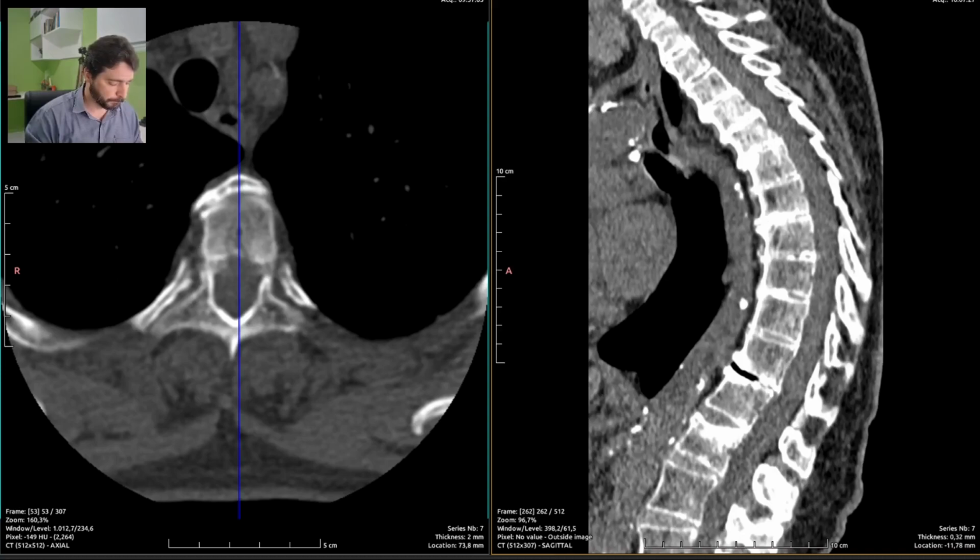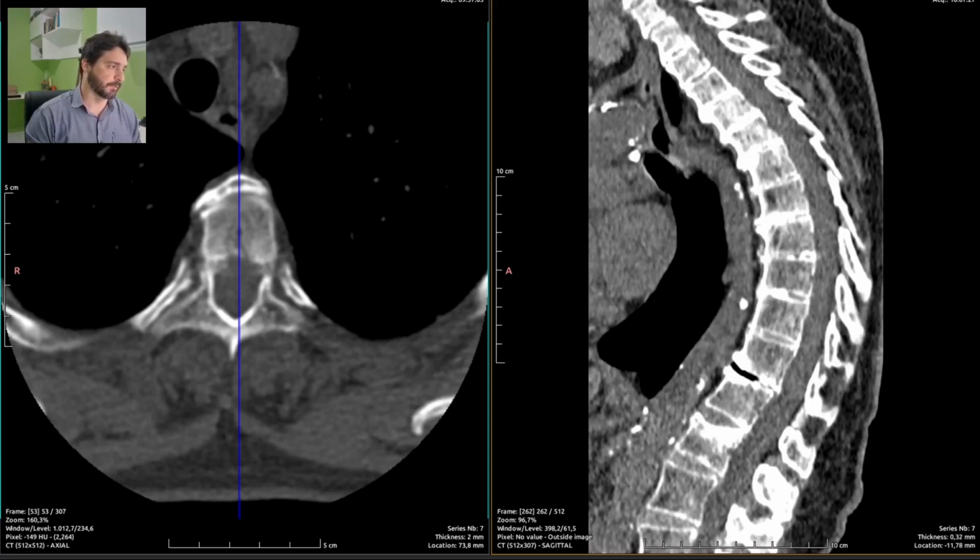So I have to say there is diffuse reduction in bone density, which in Portuguese I type in as desmineralização óssea difusa.